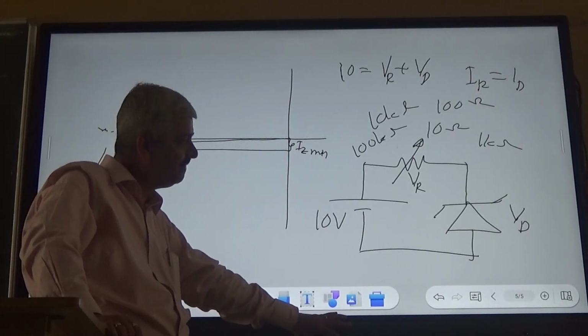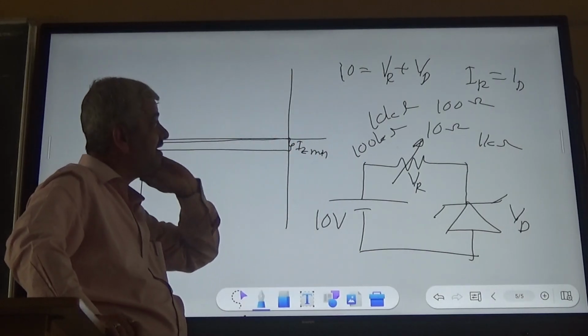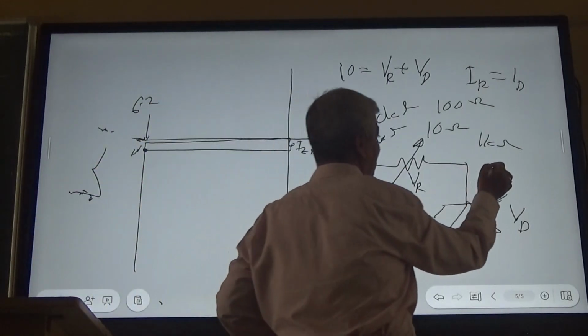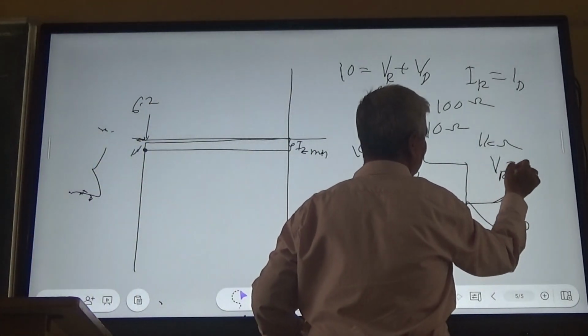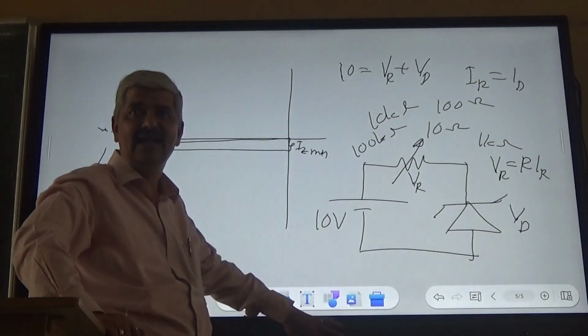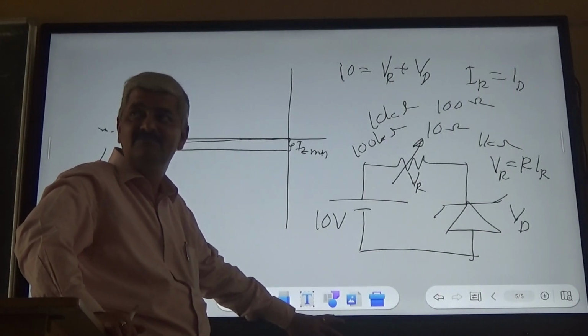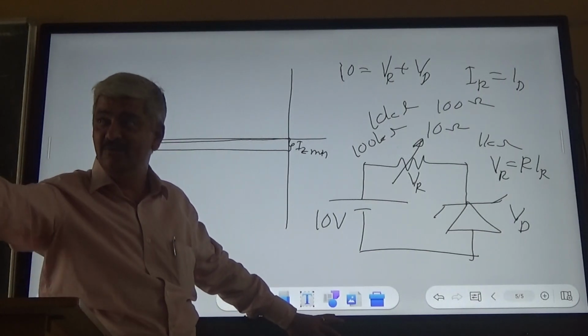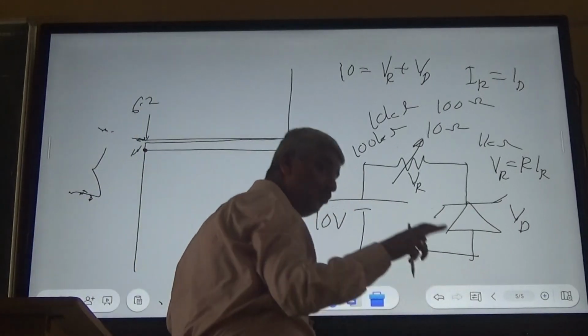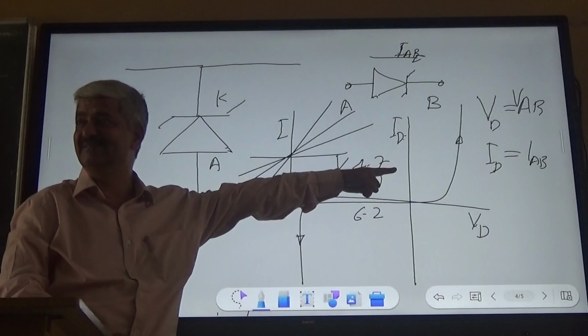Now, using these two equations: the VR-IR relationship is VR equals R into IR. And the VD-ID relationship we don't know, meaning we don't know the exact equation, but we know the graphical characteristic.